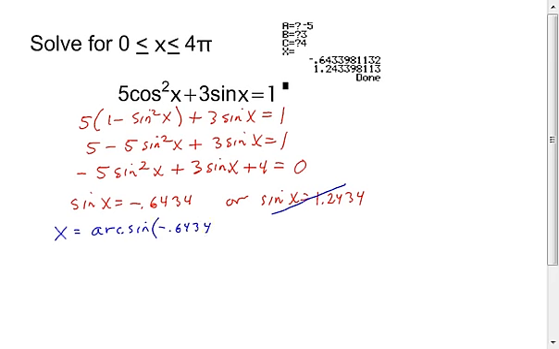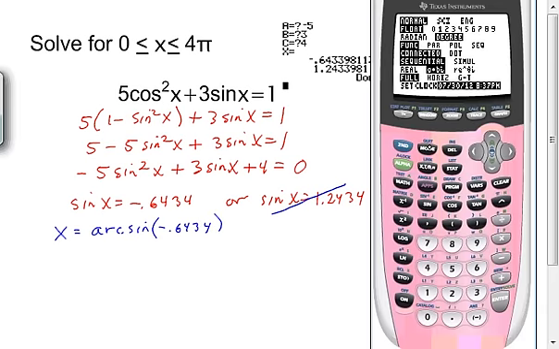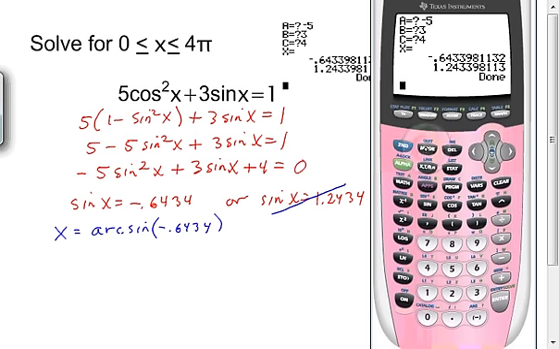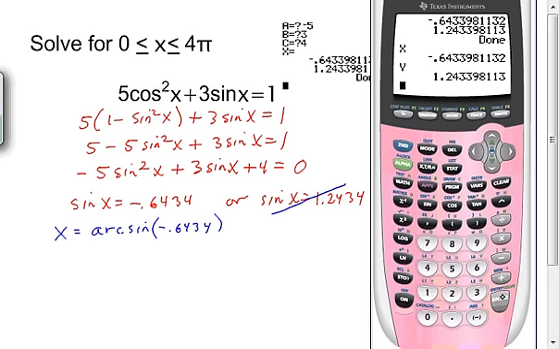0.6434. I'm in radians. Oh, I better change my mode to radians. Here I go. By the way, your program stores the first value in X and your second value in Y. So you can actually use those stored values when you do this, which will make your answer more accurate, and we love that.